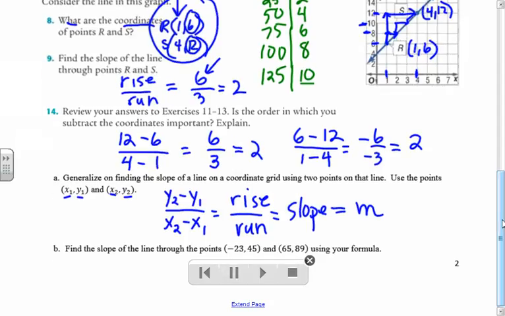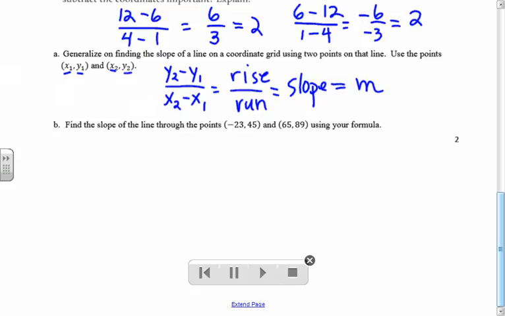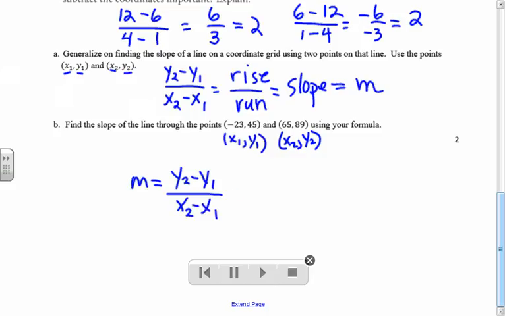Let's see if we can find the slope here between these 2 points. I'm just going to quickly label them here. So there's my x1, y1, meaning my first point. And this is my x2, y2. And so to find my slope, I'm going to take y2 minus y1, divide that by x2 minus x1.